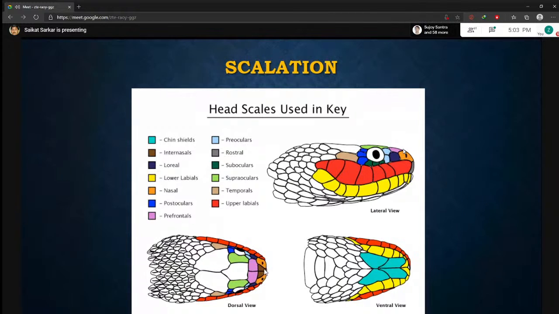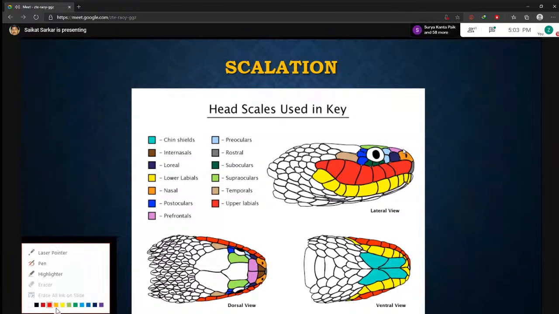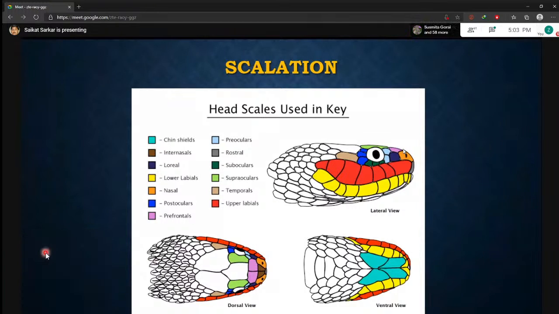Let me use the laser pointer. So this is the nasal aperture. So this will be called obviously the nasal scale. One nasal scale, two nasal scale. So the scales in between two nasal scales will be obviously called internasals. So this is how we name scales.